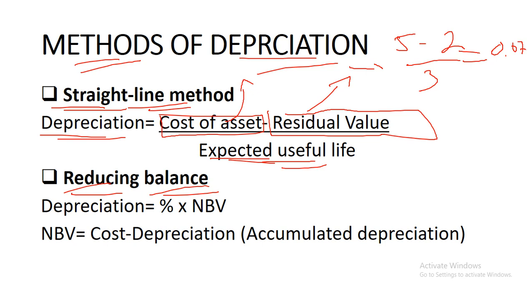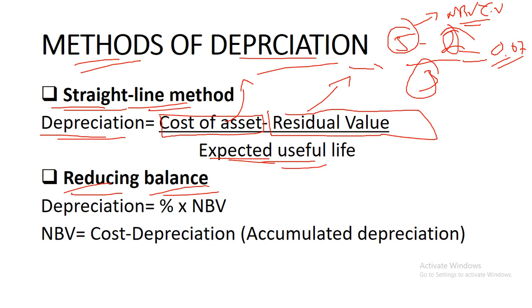So now this 0.67, we need to be deducting it from this cost of the asset every year. Then we're going to arrive at the net book value or the current value, right? And then at the end of 3 years, what's going to result in this depreciation is this residue value of 2.